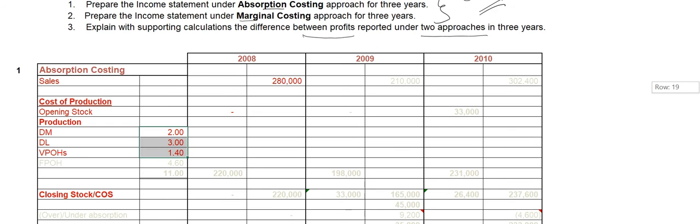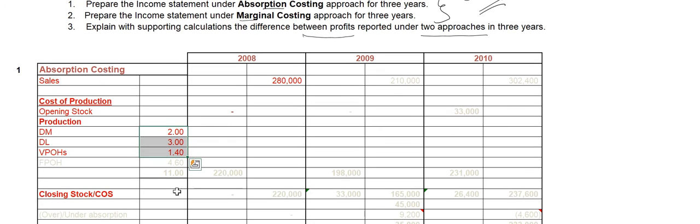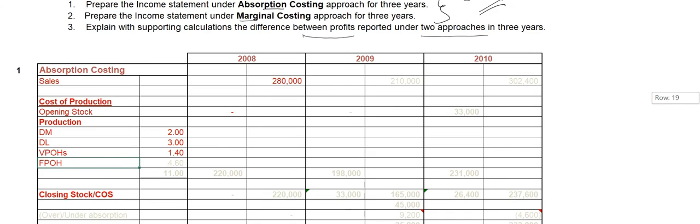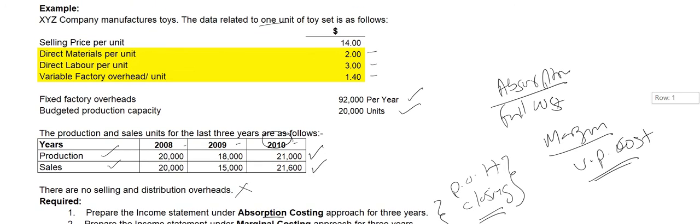However, you need to include another cost, which is the fixed production overhead cost. How much is the fixed production overhead cost, and how do you calculate that? You are given the fixed factory overhead cost as 92,000.